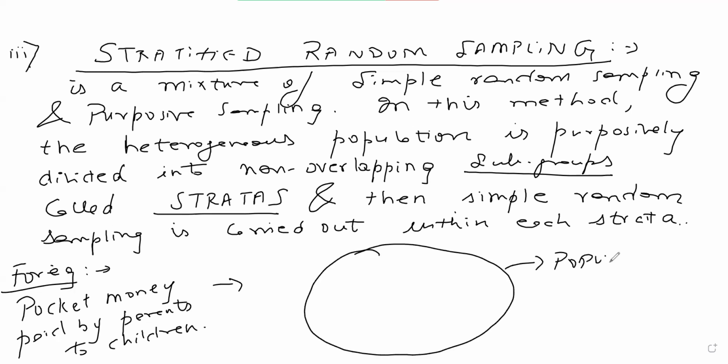This population consists of students who are in grade 12, undergraduate students, postgraduate students, and doctorate students. So what we are doing is dividing the whole population into subgroups, and these are non-overlapping.